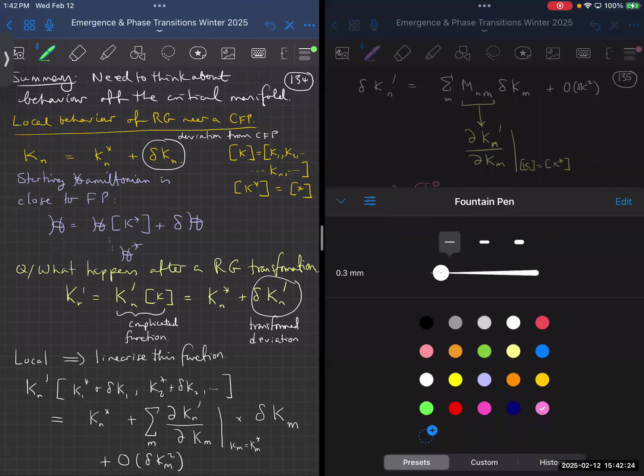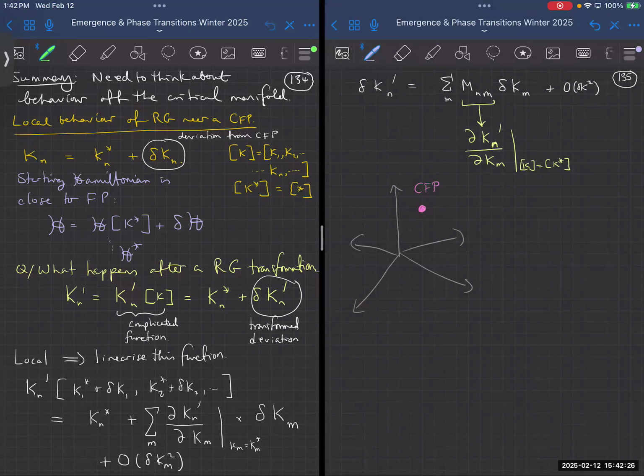Let's suppose that over here is where I start. So I start over here. So this is the critical fixed point. So this distance here is the vector that I've called delta k. It's how far away I am from the critical fixed point when I start.